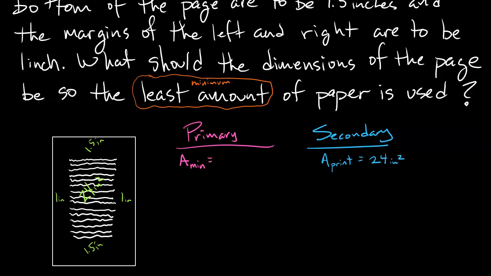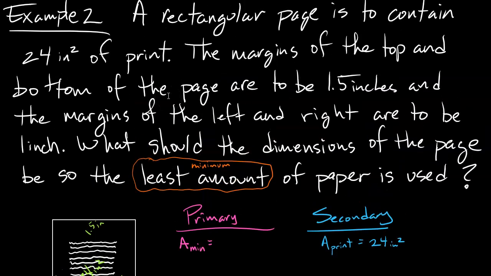Like when it says least amount of paper, the amount of paper is... no. If it was referencing volume, it could say the amount of volume, but I'm trying to think of how to explain it.